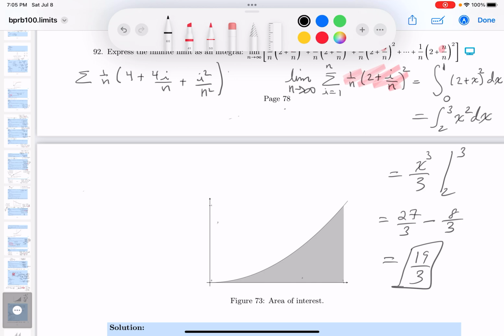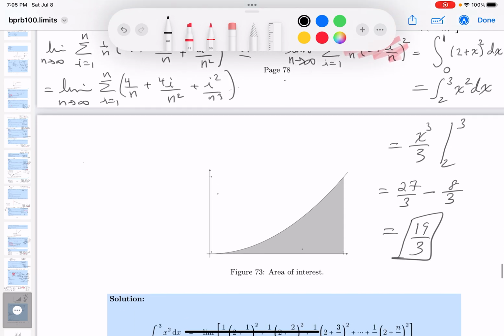All right, and it's going to be i equals 1 to n. Let's see what you got over here. Limit as n goes to infinity. Let's keep writing it down piece by piece. Sum i equals 1 to n. That would be 4 over n plus 4i over n squared plus i squared over n cubed.